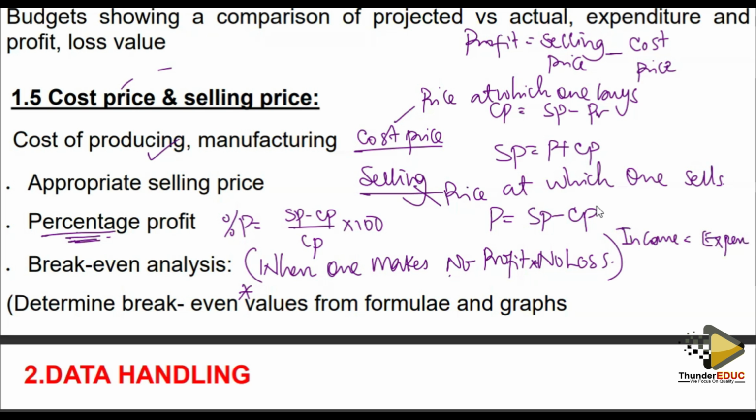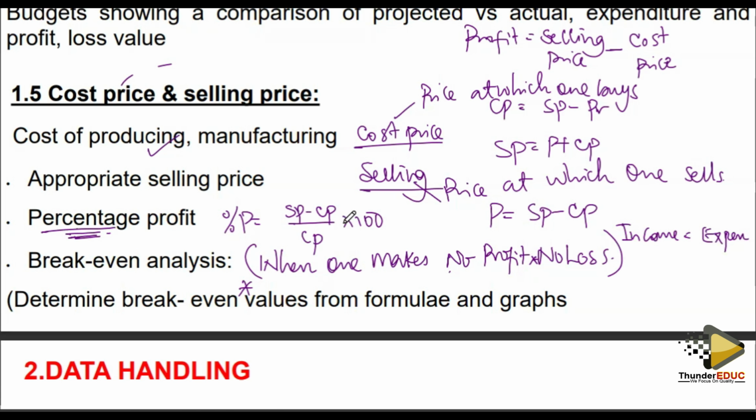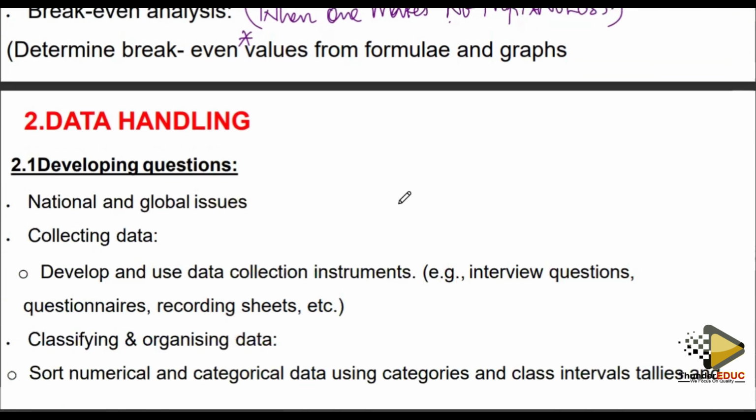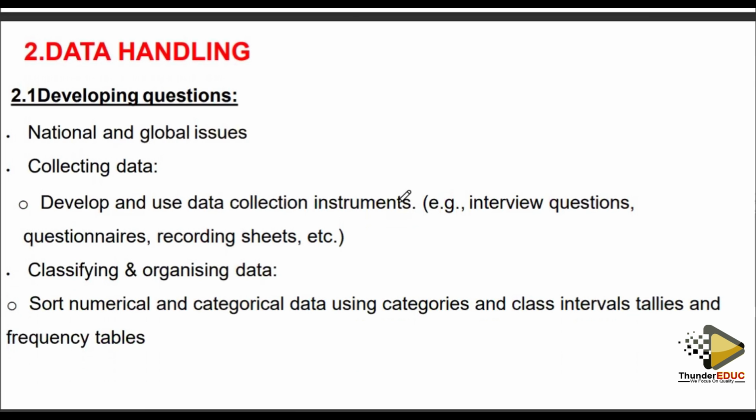Income equals expenditure. That's the break-even point, where the income line intersects with the expenditure line.